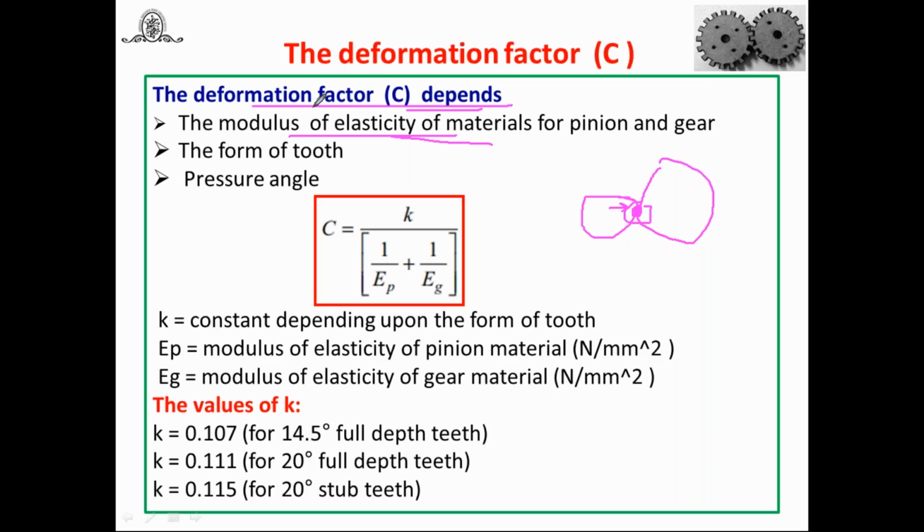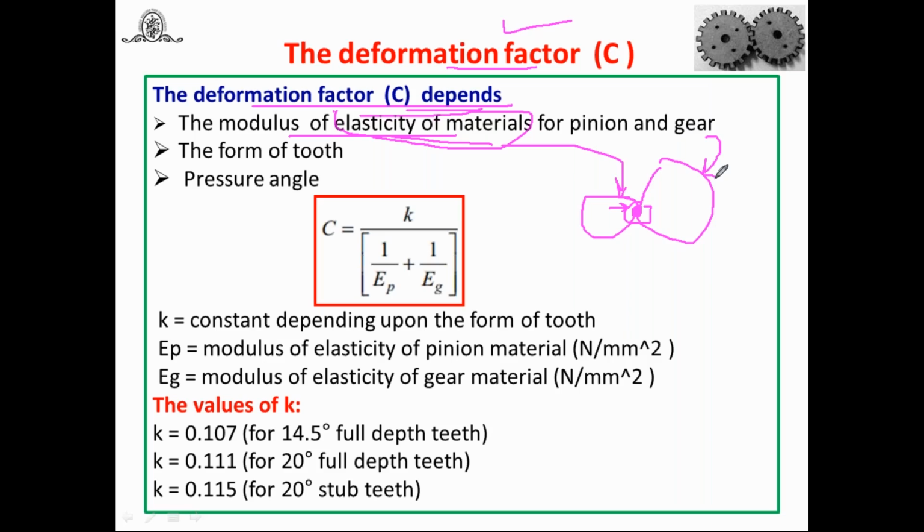This elastic deformation is taken care of by the deformation factor. But this deformation depends on the elasticity of the material, that is, which material is used for the pinion and which material is for the gear.